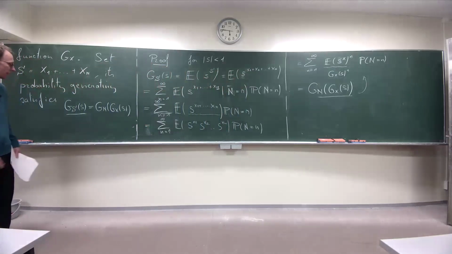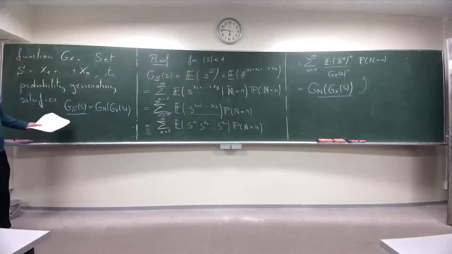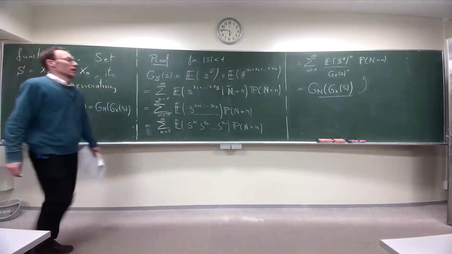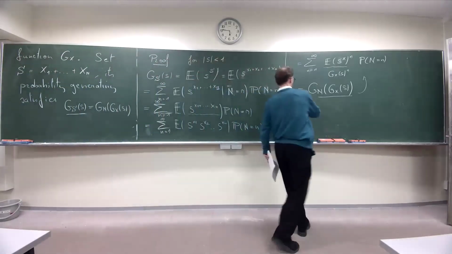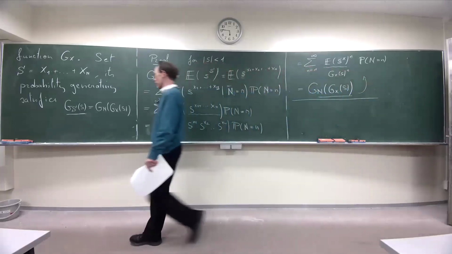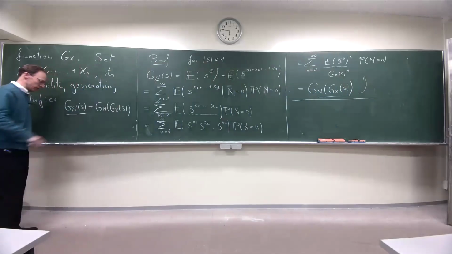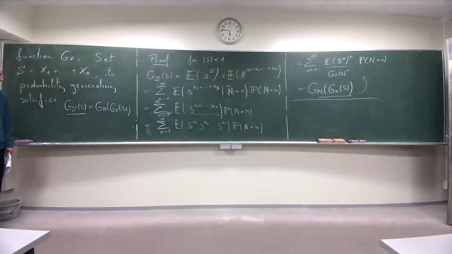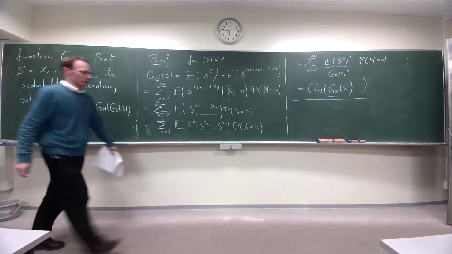And this is what I stated. This is an equality. So you can wonder, is it really simpler? The answer is yes. Why? Because first, it's a closed formula. But in addition, it's easy to compute something from this.